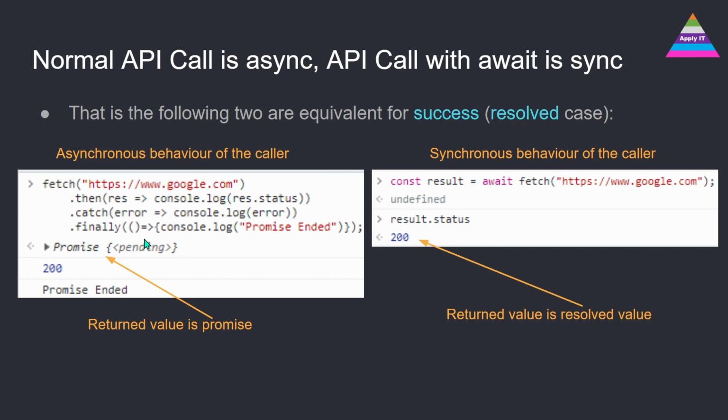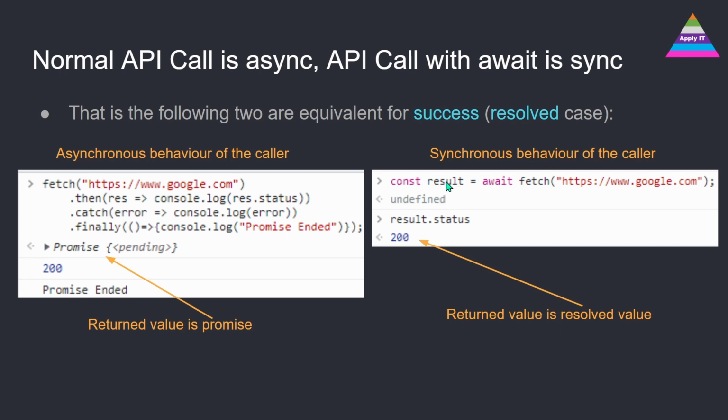On the left hand side we have the call without using the await keyword, and on the right hand side we have the API call with using await. Here we register our callbacks to then and catch, and when we make a call to this fetch function, it is going to return a promise object. You can see here that the return value of fetch is a promise. The same fetch operation I'm performing here, but now we are placing the await keyword in front of this fetch call, and now we'll get the response as a result.